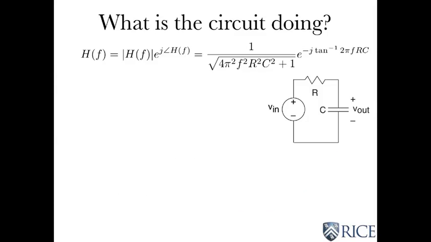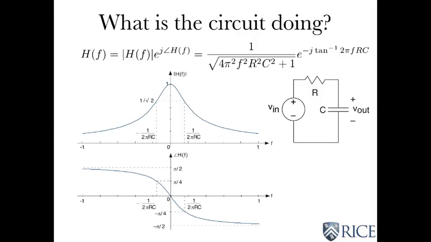So, here's that formula for the transfer function in polar form for this circuit, and I'm going to plot it. So, this is what it looks like. We plot the magnitude and phase. Usually they're plotted one on top of the other.